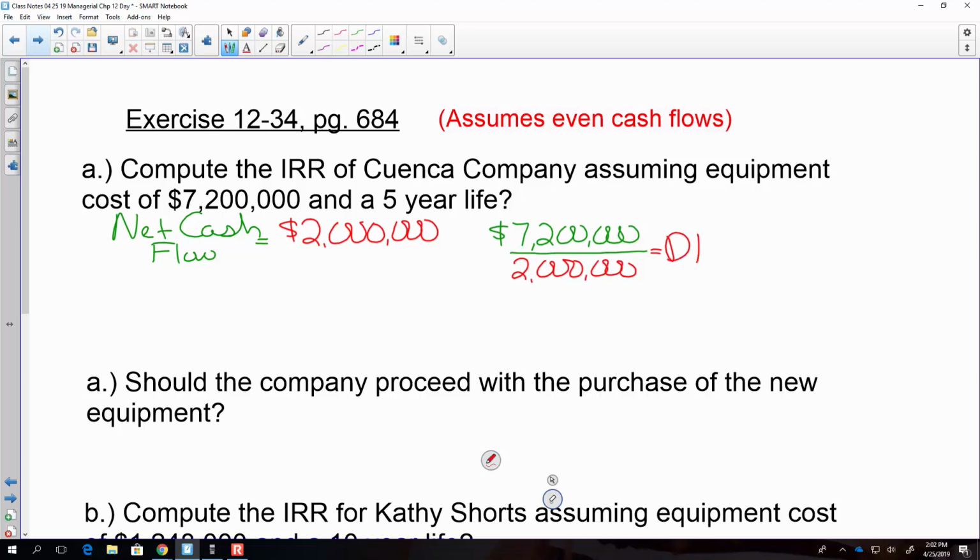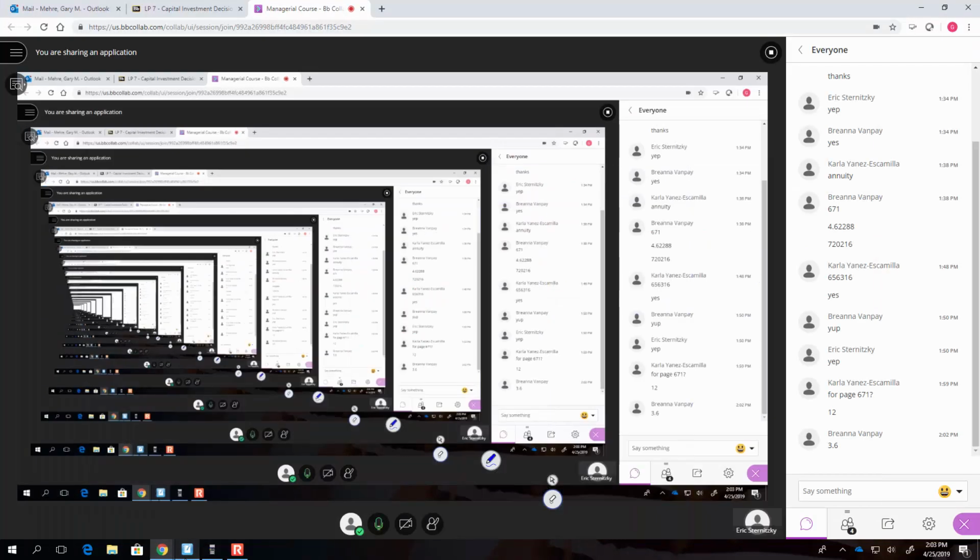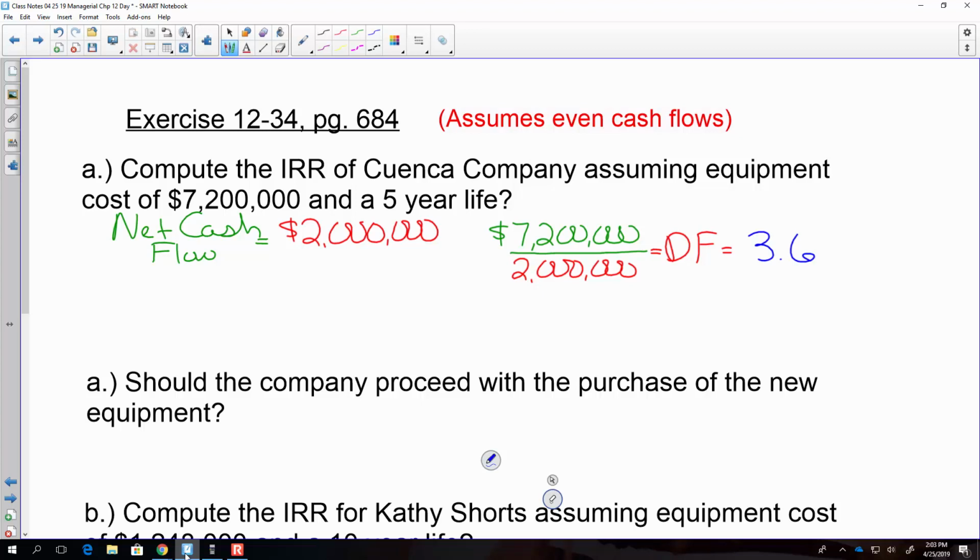What is my discount factor? It'd be 3 something, right? 3.6? 3.6? Good, excellent. Excellent, Brianna, thank you. Eric, going to page 671 of our textbook, row 5, where does the 3.6 occur?